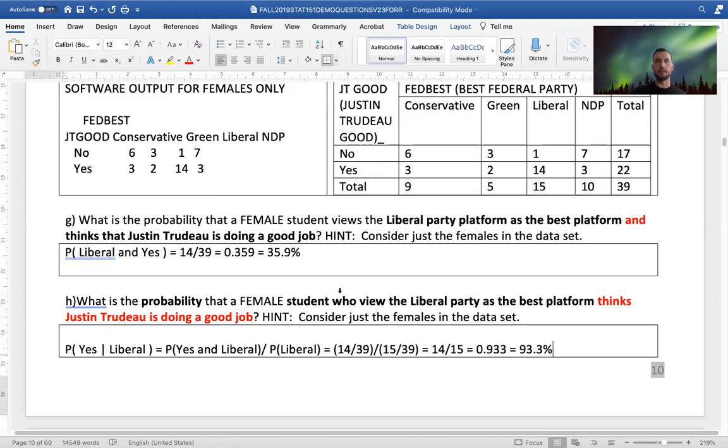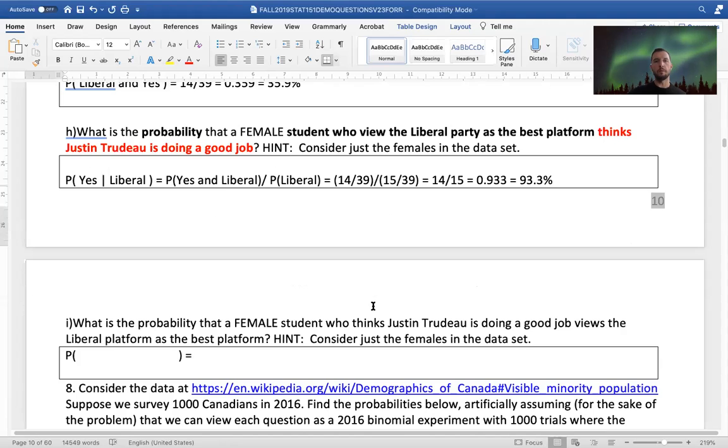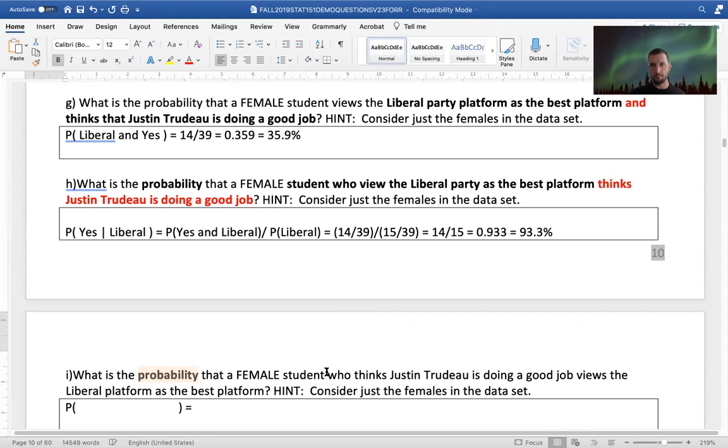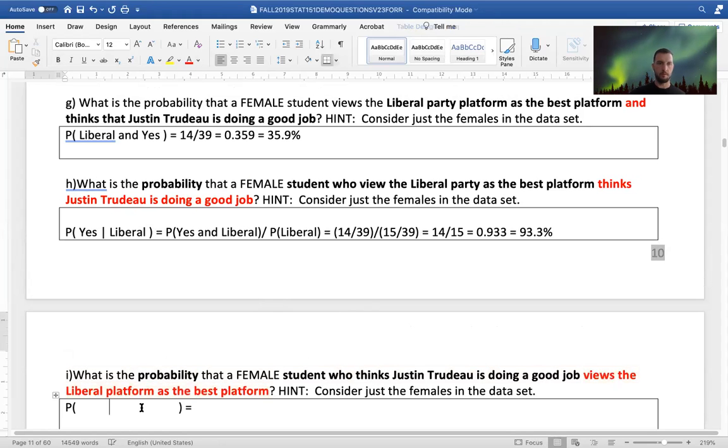All right, and then finally we have what is the probability that a female student who thinks Trudeau is doing a good job views the Liberal Party as best? So here we just have the opposite condition again. Okay, so we have P liberal given yes.